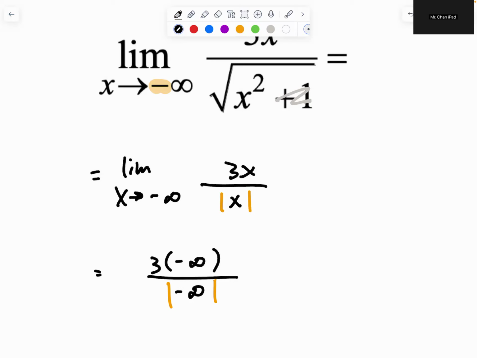Okay? We put negative infinity into x. So what's the numerator? It's negative 3 times infinity, right? What about the denominator? It's the absolute value of negative infinity, or just infinity.